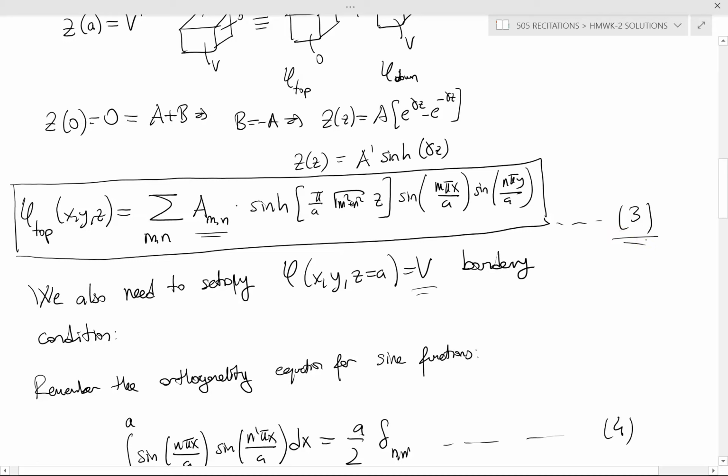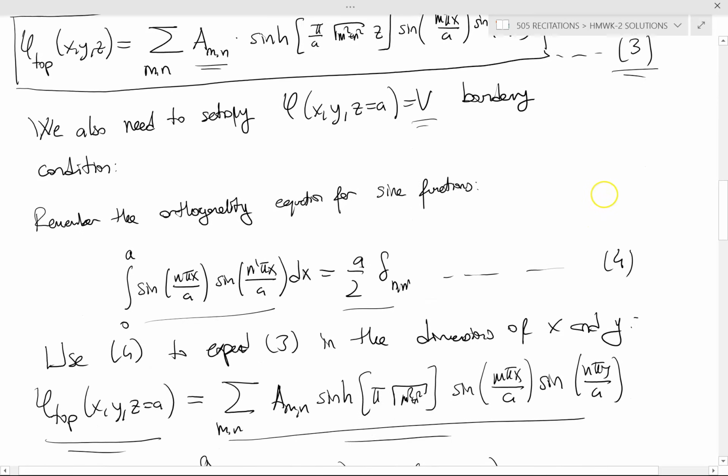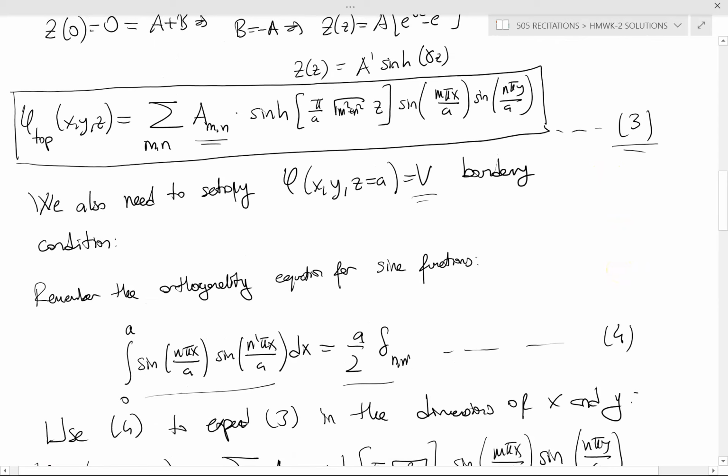Okay, but we are left with the satisfaction of the upper surface boundary condition. In order to satisfy that, now I need to uniquely determine AMN, given that at z equals a, it is equal to v. So now I am taking the integration to decompose the whole structure into its x and y harmonics.